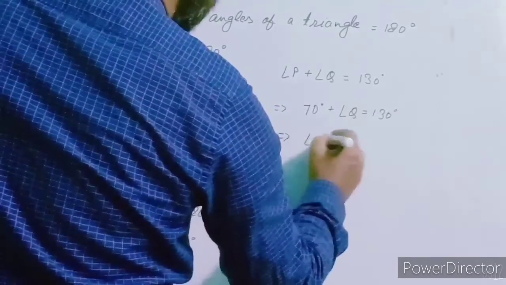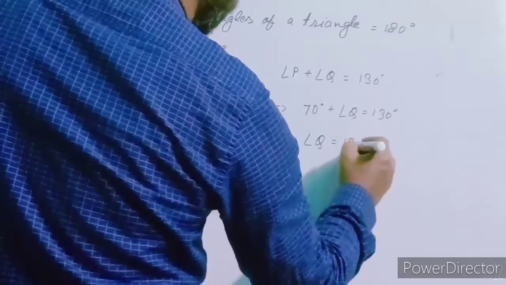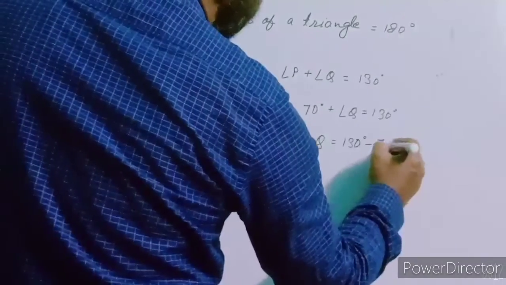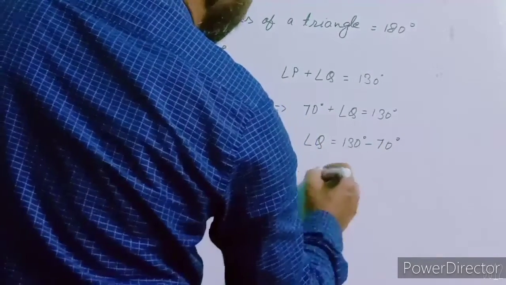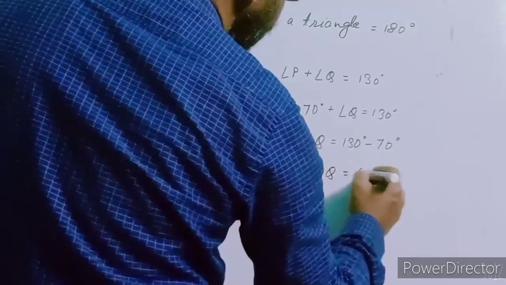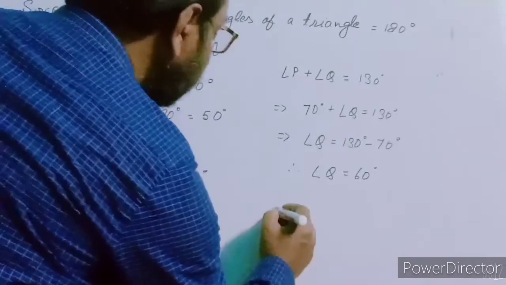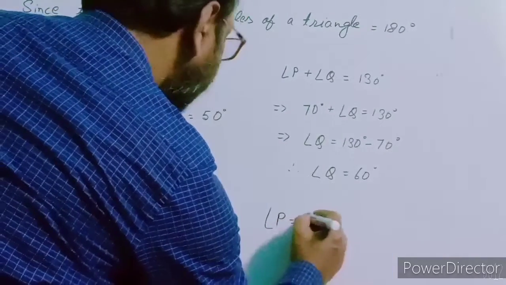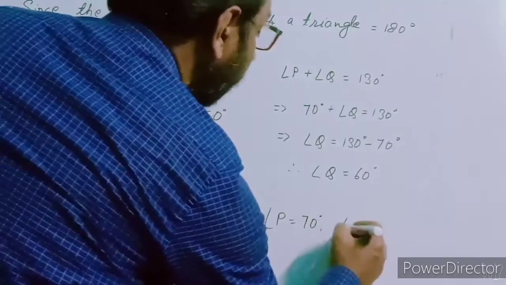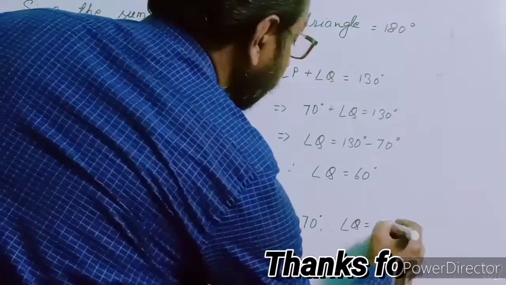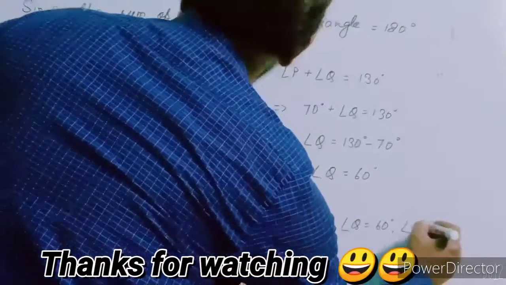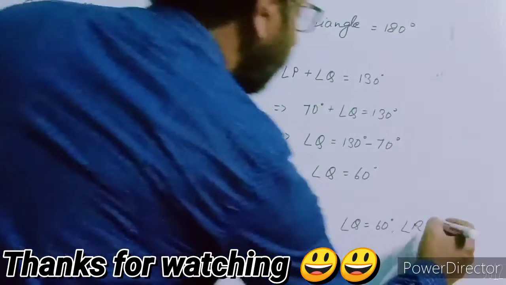Implies that angle Q equal to 130 degree minus 70 degree. Therefore, angle Q equal to 60 degree. So, these three angles are angle P equal to 70 degree, angle Q equal to 60 degree, and angle R equal to 50 degree.